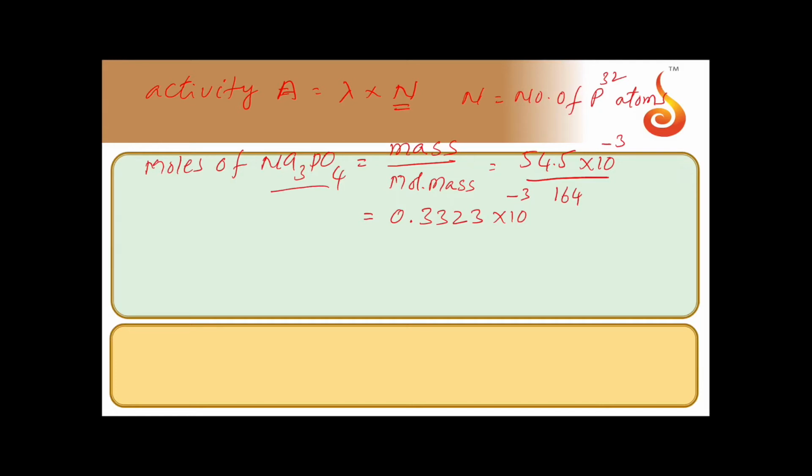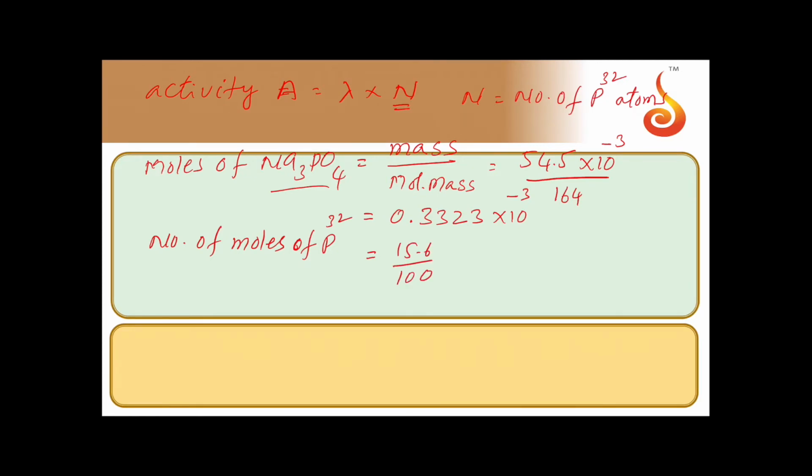Now we get the number of moles of P32, which is equal to 15.6 percent, this much percentage you have.